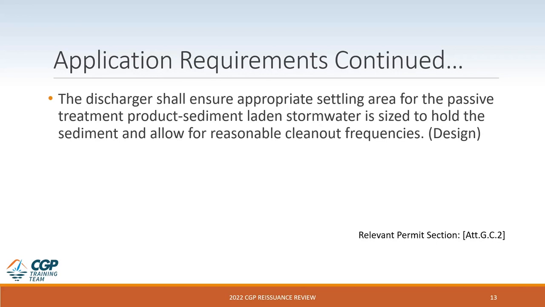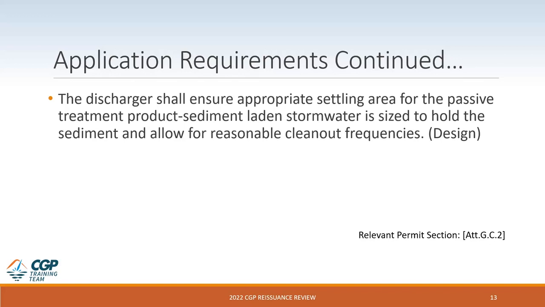Application requirements continued. Again, this is an item that's listed in the application section of attachment G, but it is also, I believe, something that should be considered during the design phase. So the discharger shall ensure that the appropriate settling area for the passive treatment product, sediment-laden stormwater, is sized to hold sediment and allow for reasonable cleanout frequencies. So again, that comes back to the design phase.